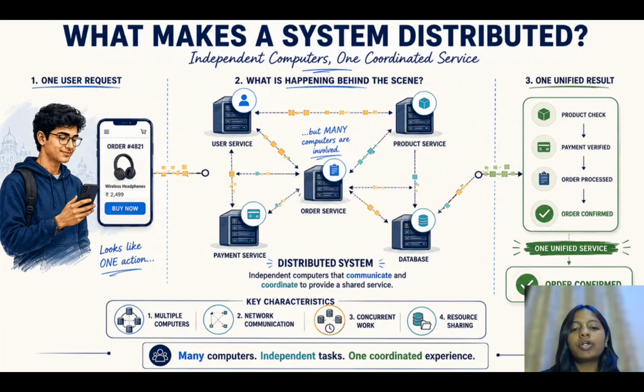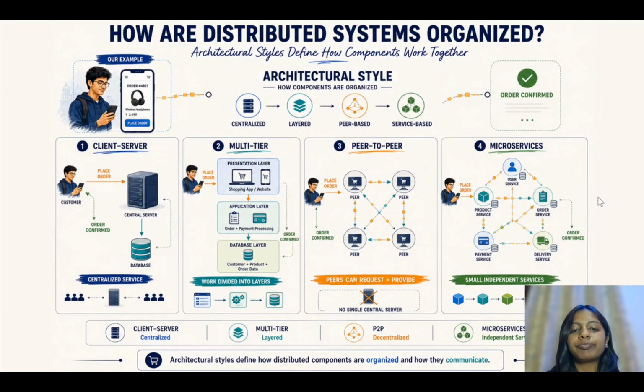And the fourth one is they may share resources and information. Therefore, distributed systems can be summarized as many computers, independent tasks, but one coordinated experience.